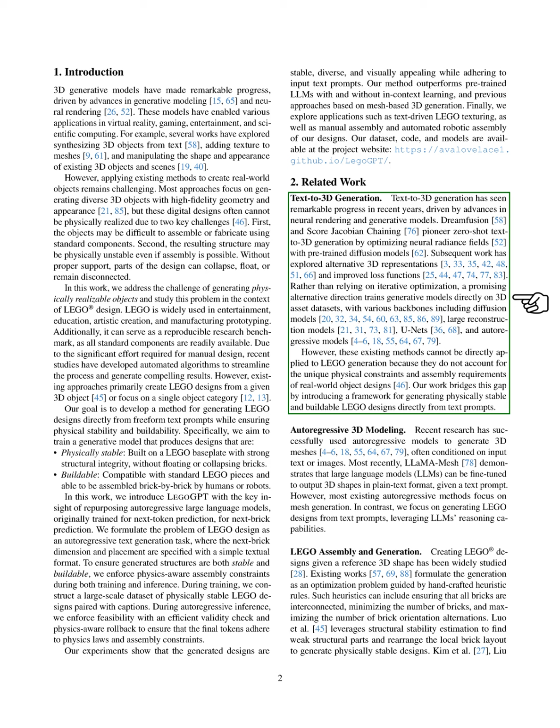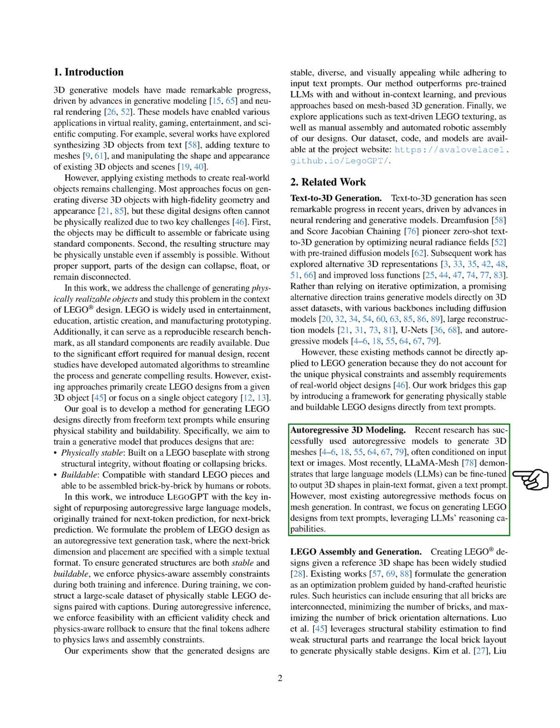Our work fills this gap by providing a framework for generating stable and buildable LEGO designs from text prompts. We also highlight that autoregressive models have been effectively used to create 3D meshes based on text or images. Recent developments, like Llama Mesh, show that large language models can be fine-tuned to produce 3D shapes in plain text. However, most existing methods focus on mesh generation, while we concentrate on generating LEGO designs from text prompts.